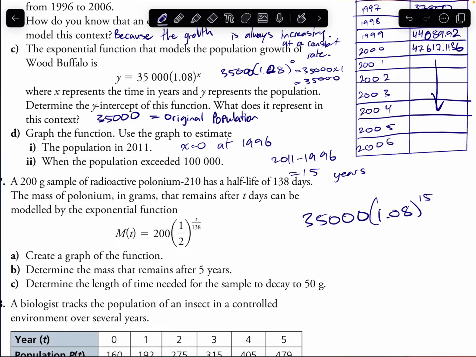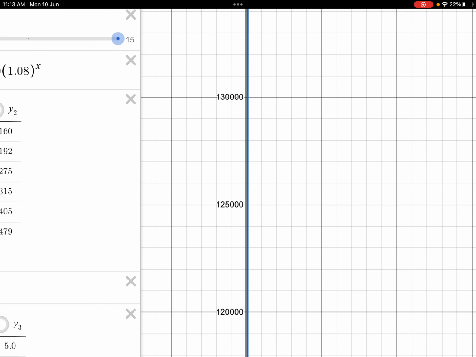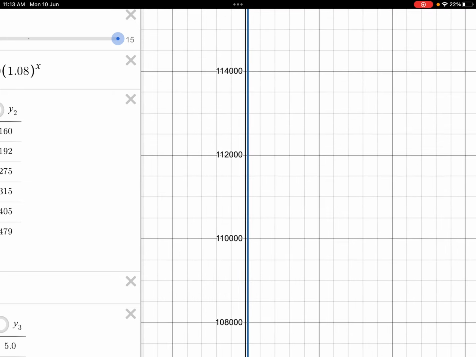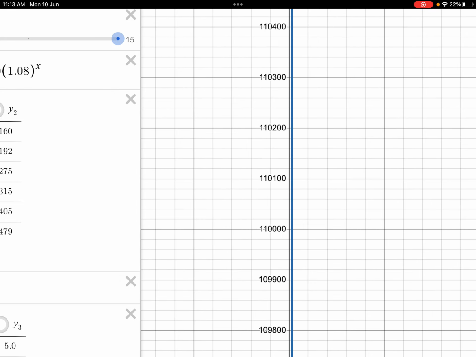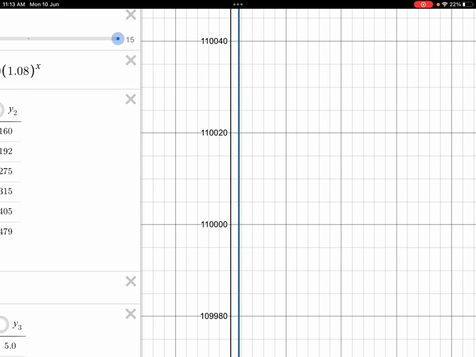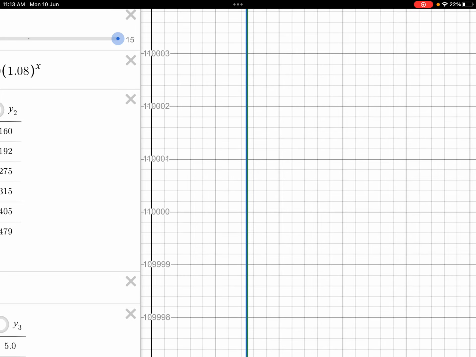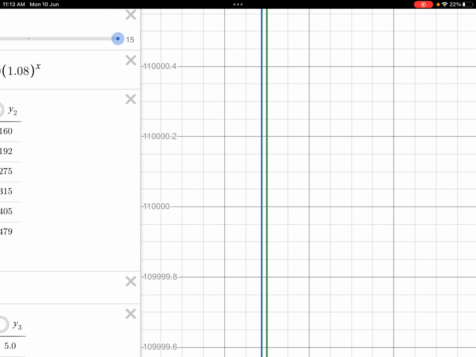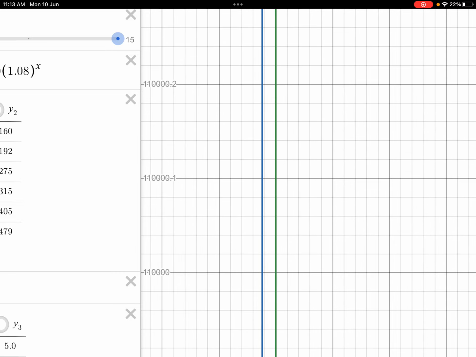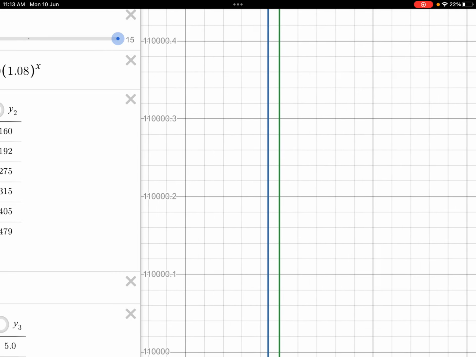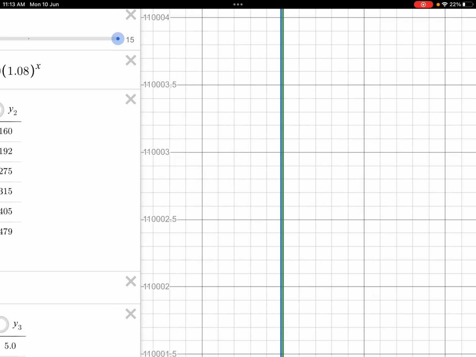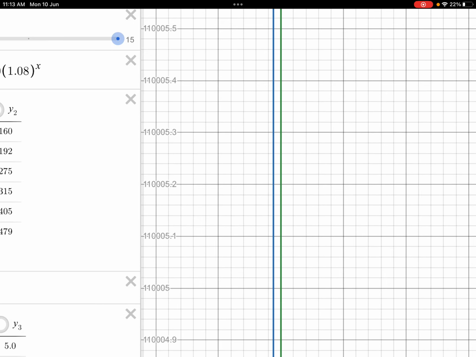is 111,000. So 111 is down here. If we zoom in, keep going. The intercept's somewhere along here. I'm just wasting time doing this.